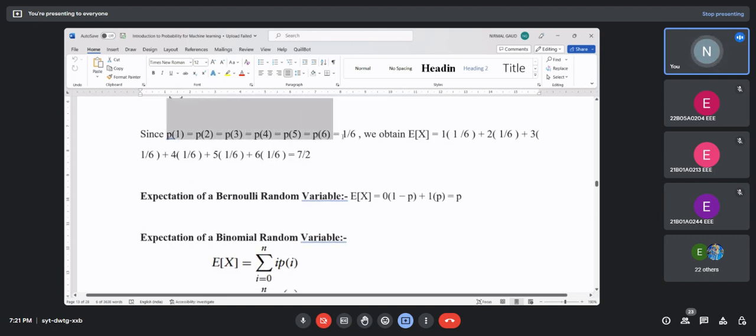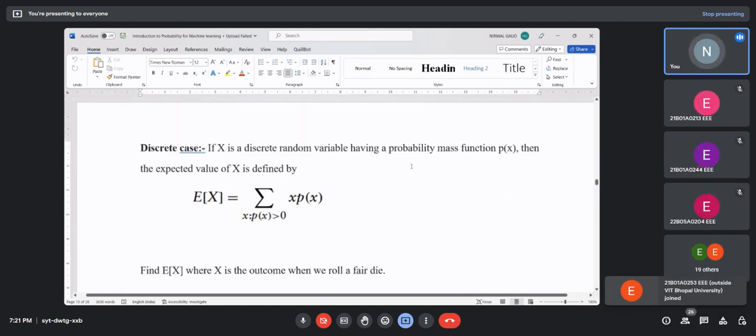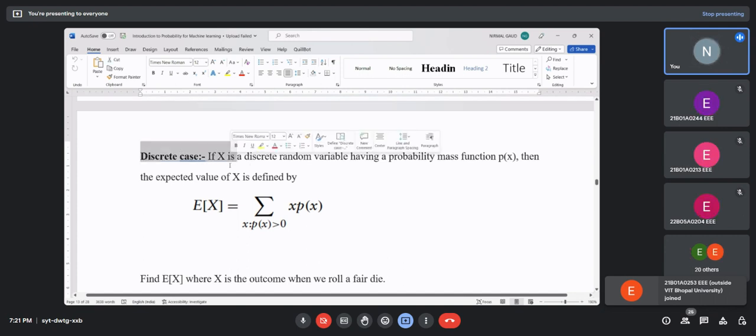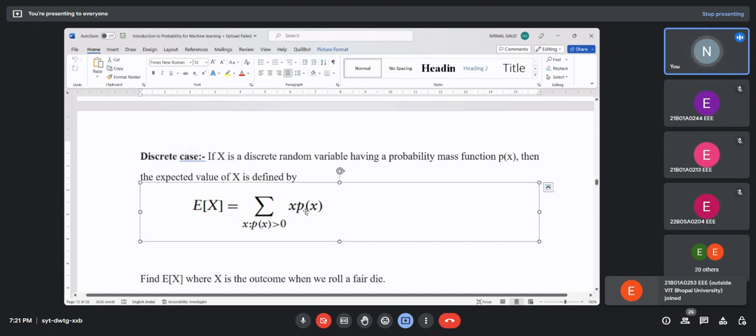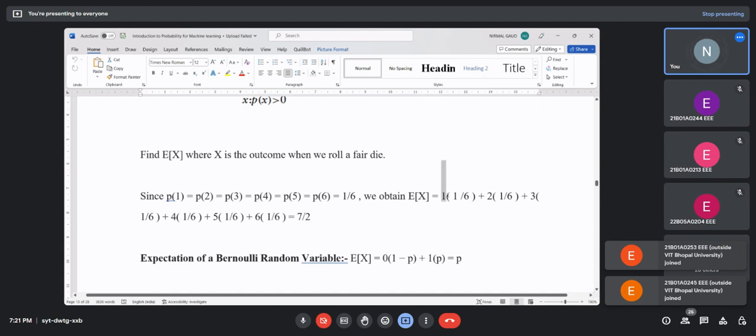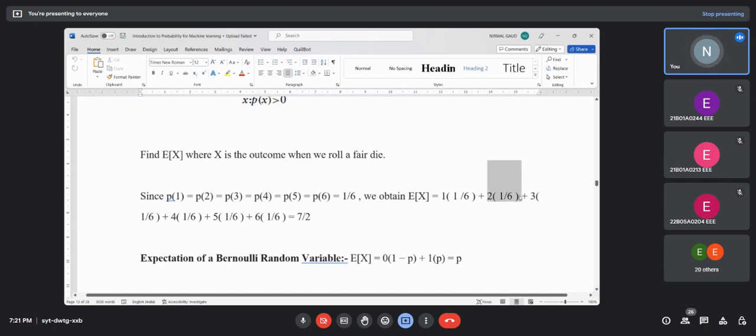So if I roll a die, these are the probabilities for getting 1, 2, 3, 4, 5, and 6. The probability of each is obviously 1 by 6. My expectation is x into p(x). So x is 1 multiplied by its probability, 2 multiplied by its probability, 3, 4, 5, 6, each multiplied by its probability.